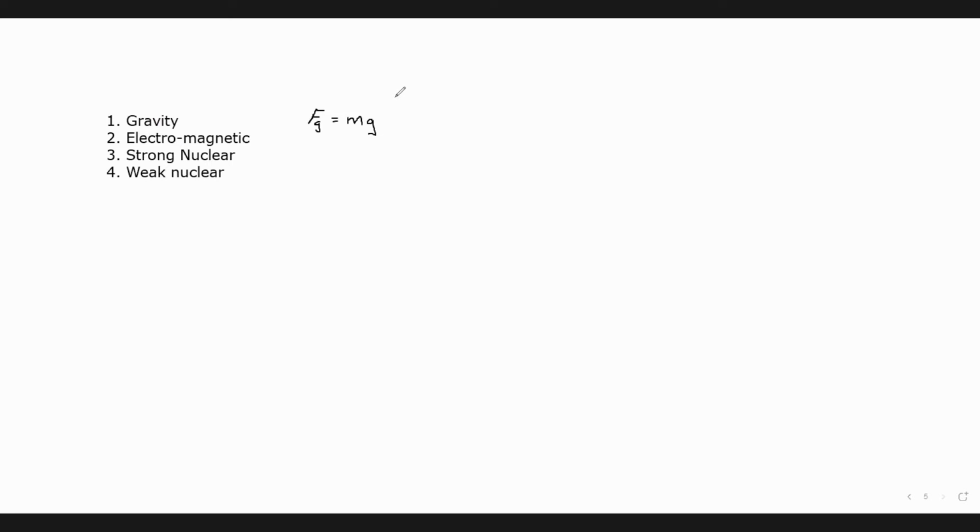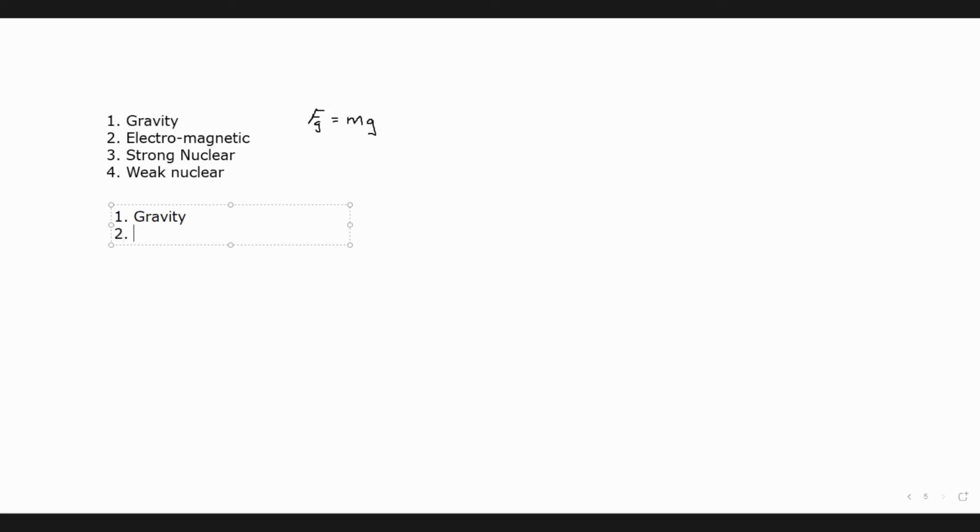Now, let's classify forces for the purpose of this class so that we can talk about them. The first force is gravity. Now that's one of the fundamental forces, and we're modeling it as just mg.